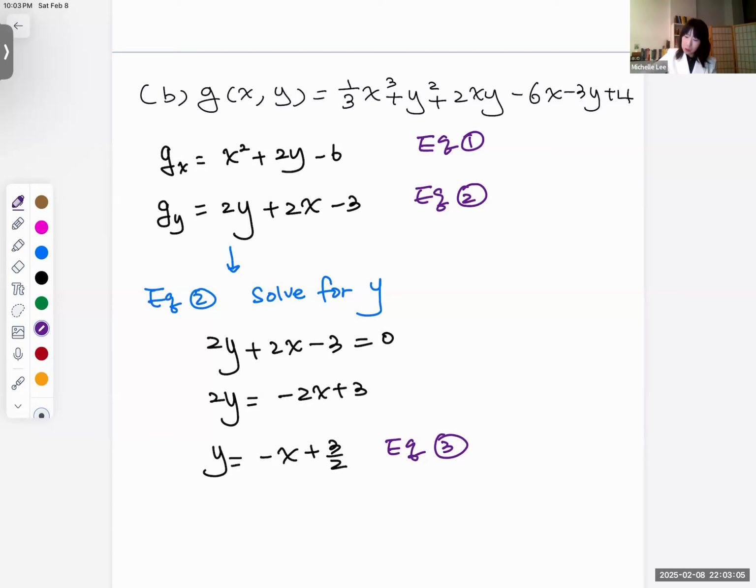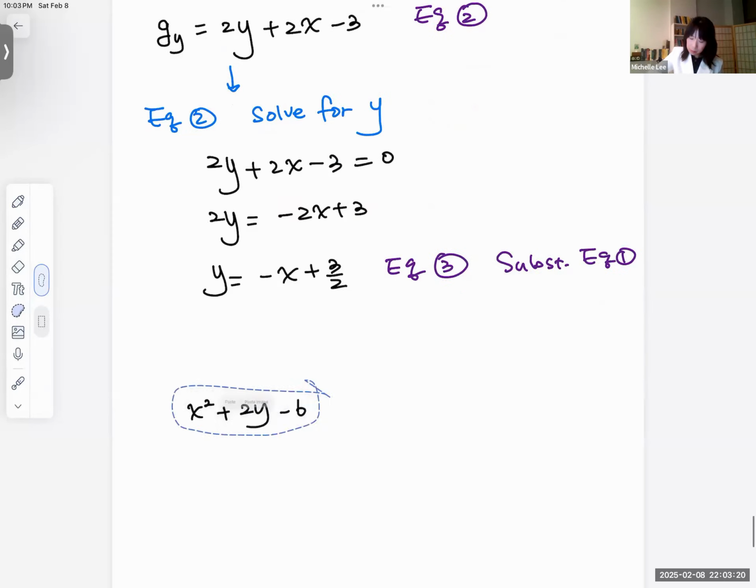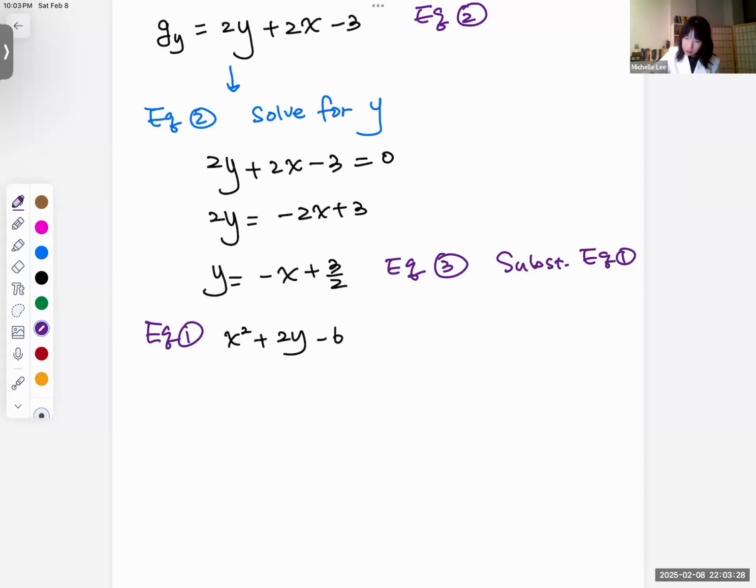And let's substitute into equation number 1. Copy equation number 1, and we substitute y into there, and we know it's equal to 0.